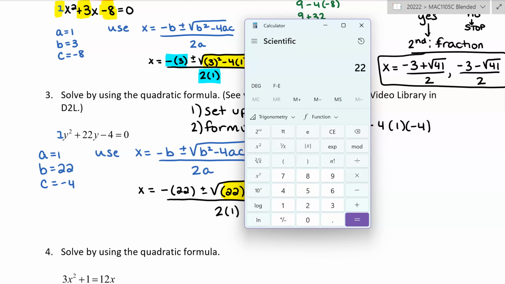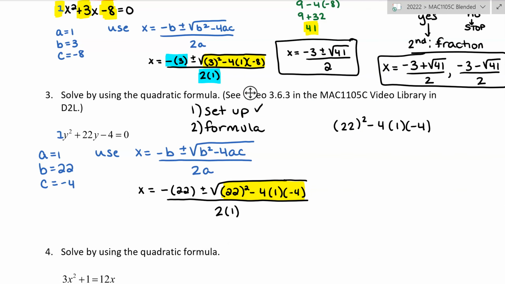We're going to do 22 times 22, which makes 484. So I have 484. And now -4 times 1 is a -4, times another -4 makes +16. So 484 plus 16 is 500. Oh, cool.